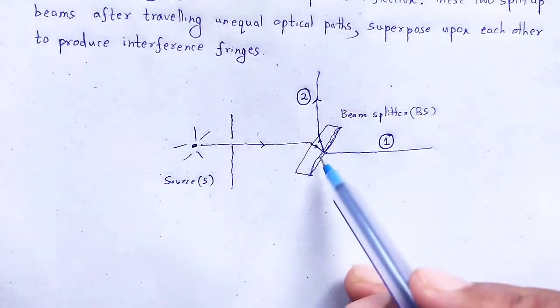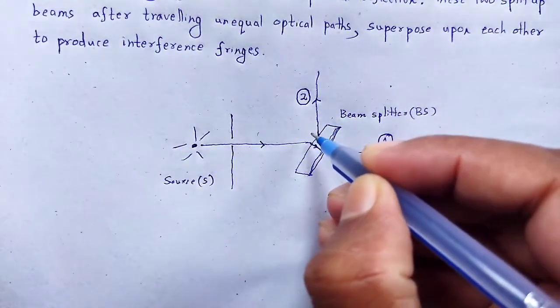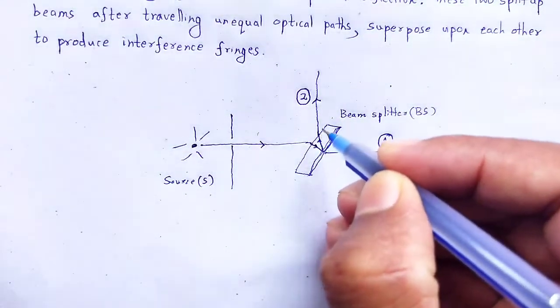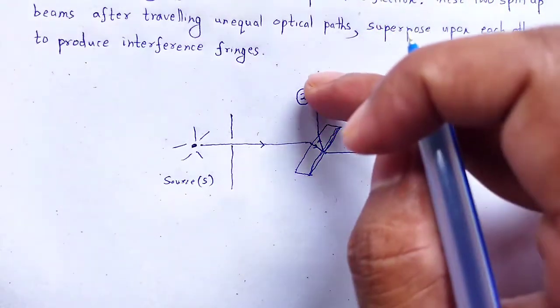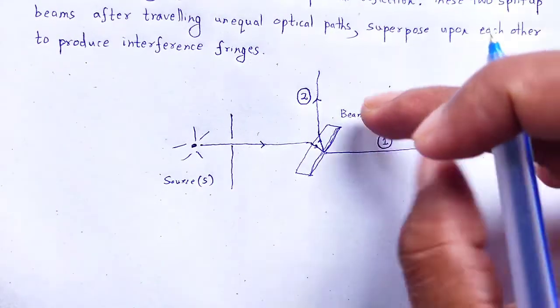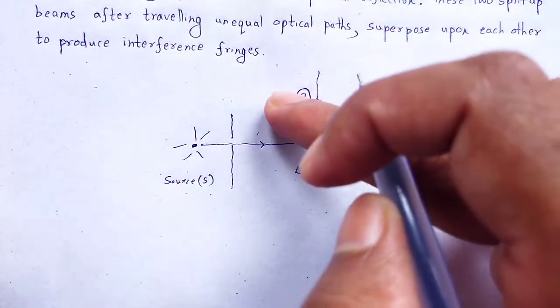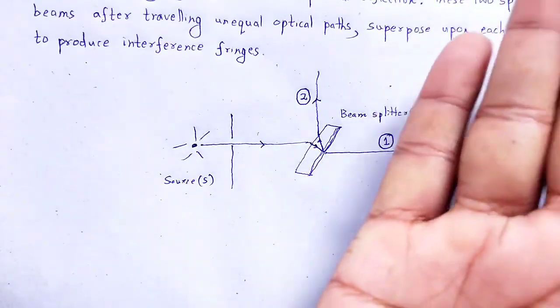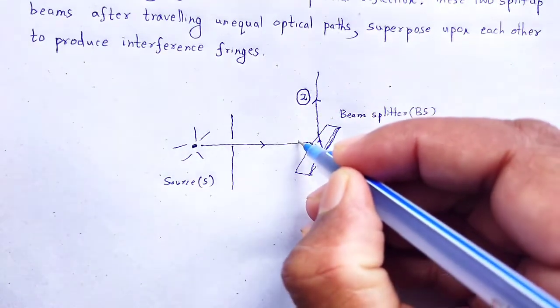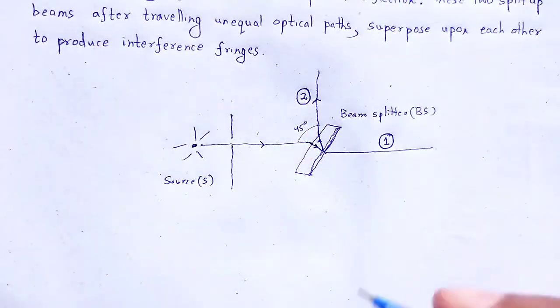The BS is inclined at an angle of 45 degrees to produce two beams of equal intensity. The intensity of beam 1 and the intensity of beam 2 is the same, as we set the beam splitter at 45 degree inclination.